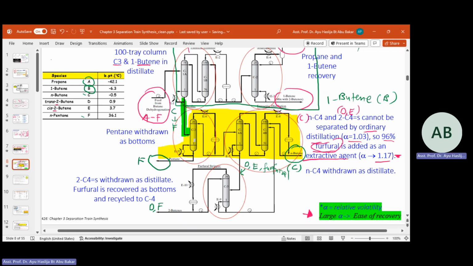Okay, it goes to the next separation where it separates the furfural and the DE, the butenes. So here the furfural is being recycled back to the C4B distillation over here.